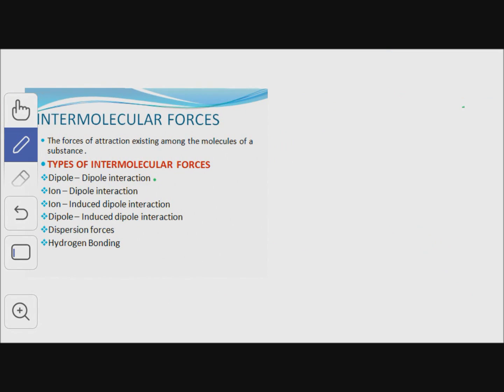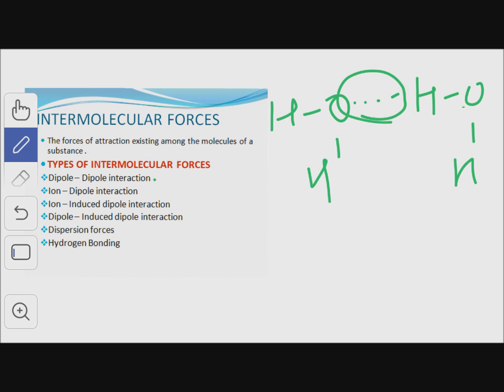Intermolecular forces. These are the forces of attraction which exist among the molecules of a substance. For example, in the case of a water molecule, this is the intermolecular force which binds the two water molecules together.